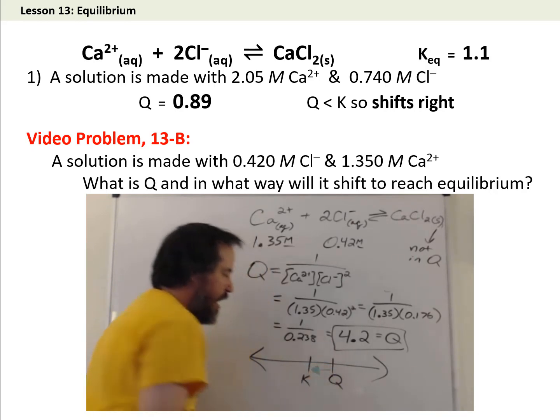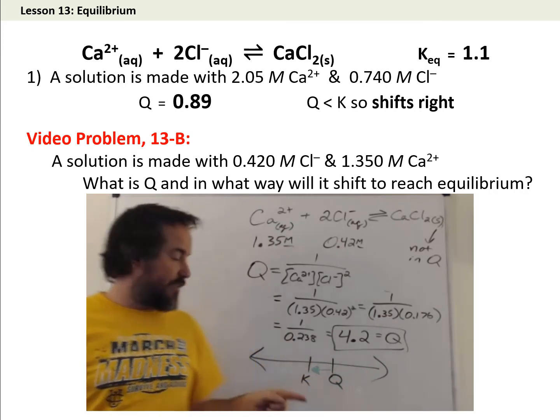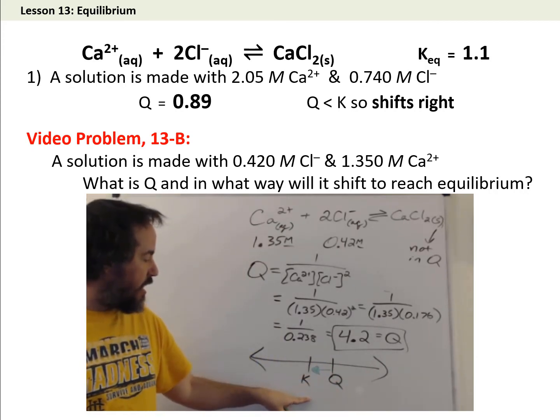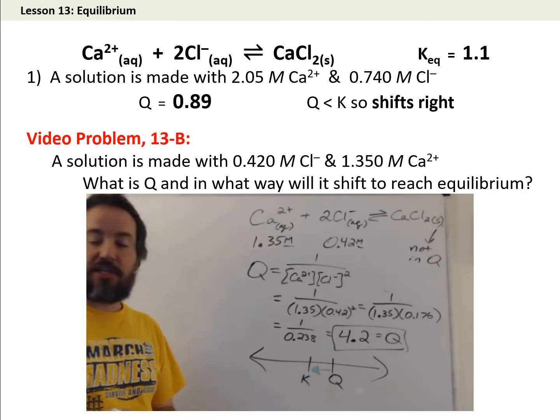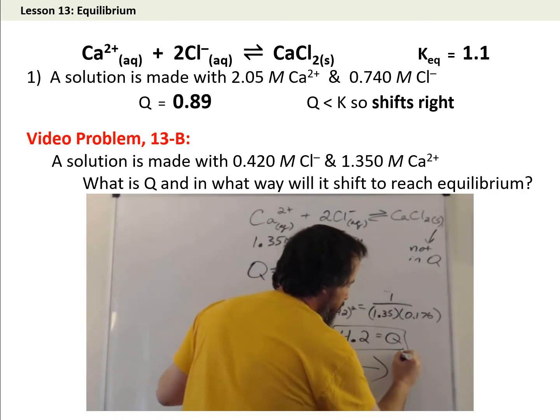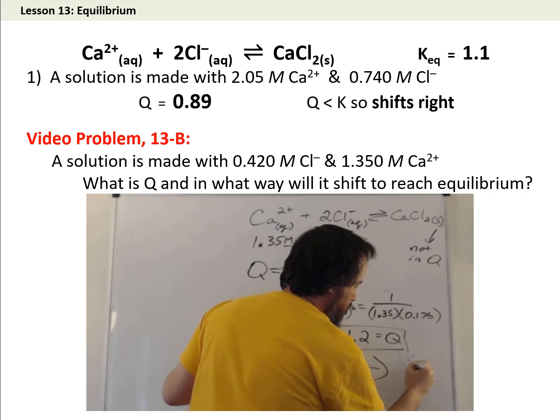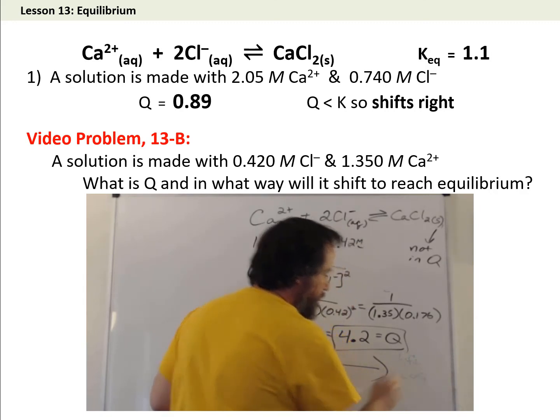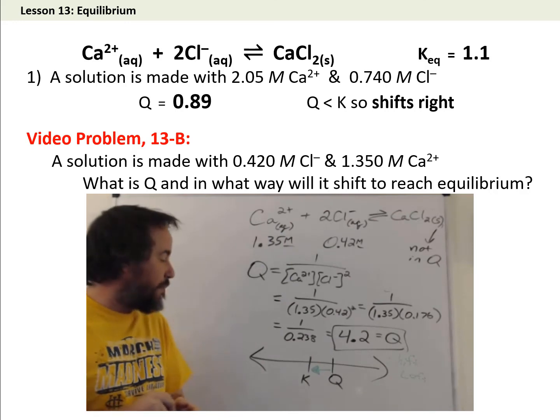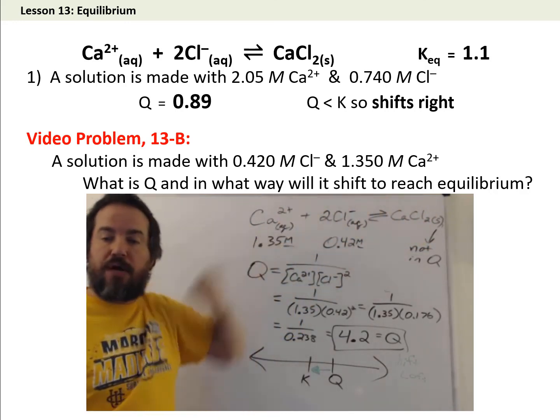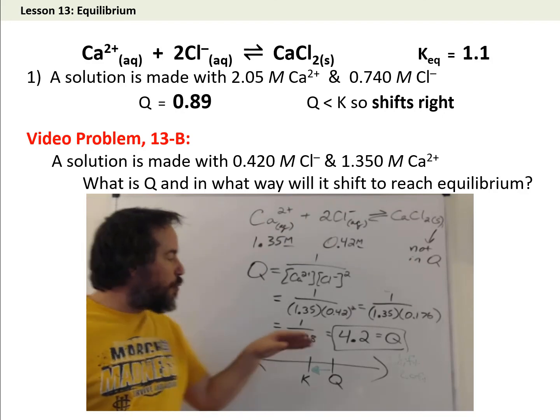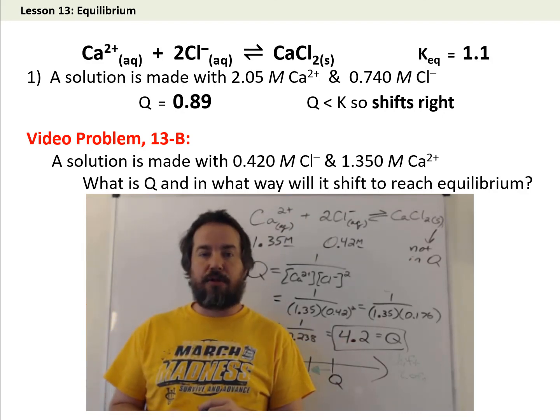So it's going to shift left. And what we mean by shift left is that my products are going to form reactants. We'll talk more about that in the next couple lessons.